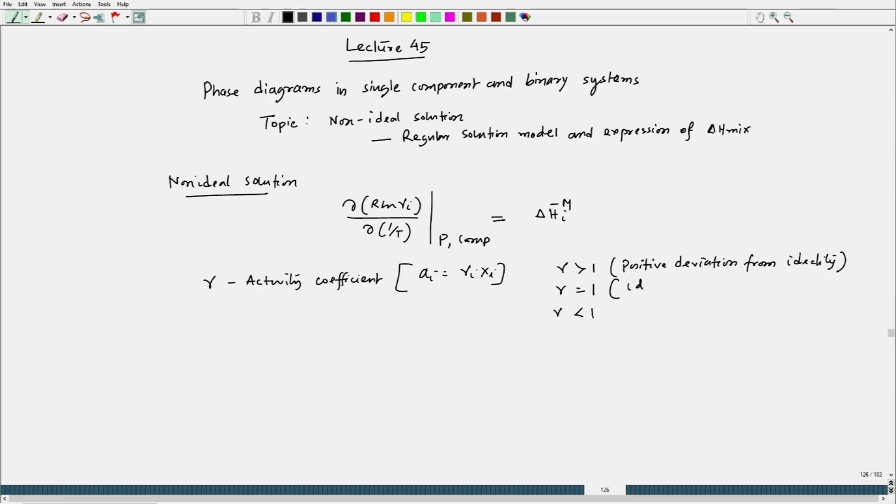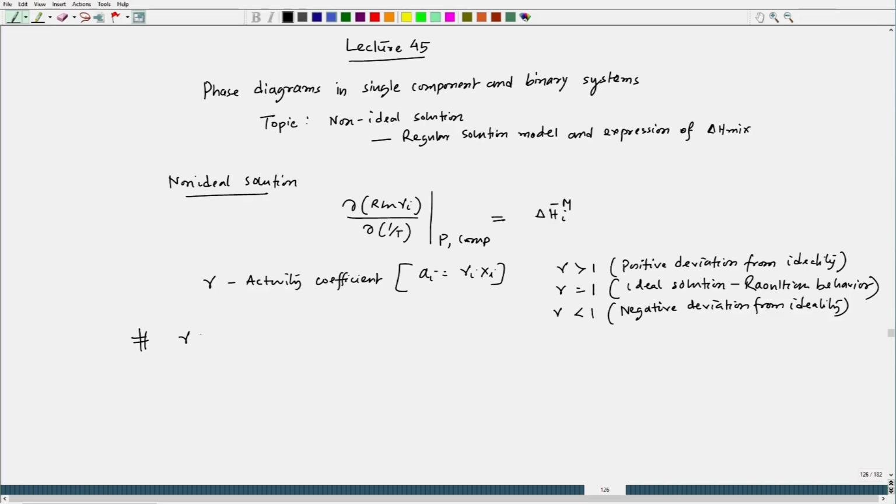This is the ideal solution, and ideal solution means Raoultian behavior. And this is negative deviation from ideality.